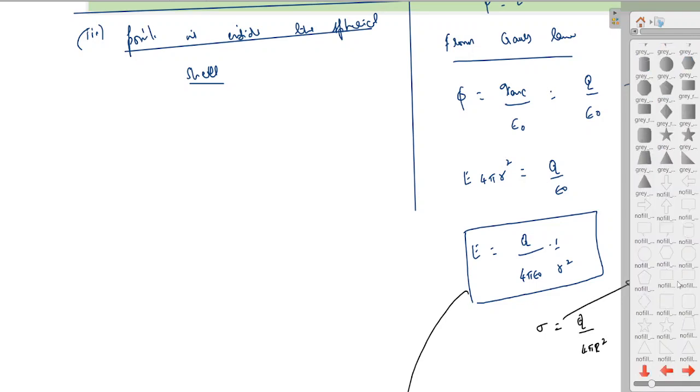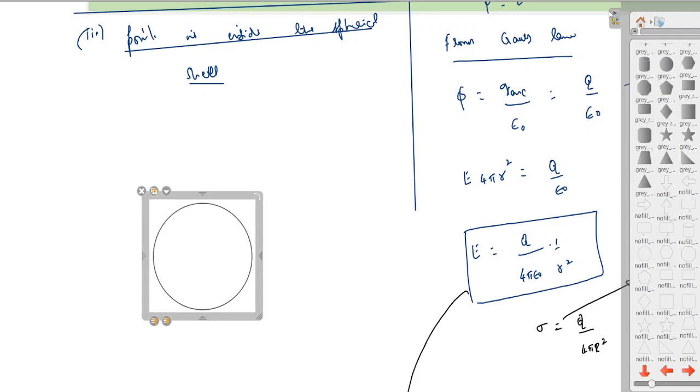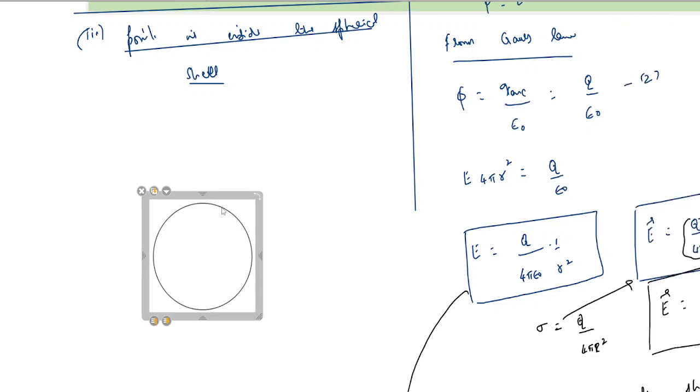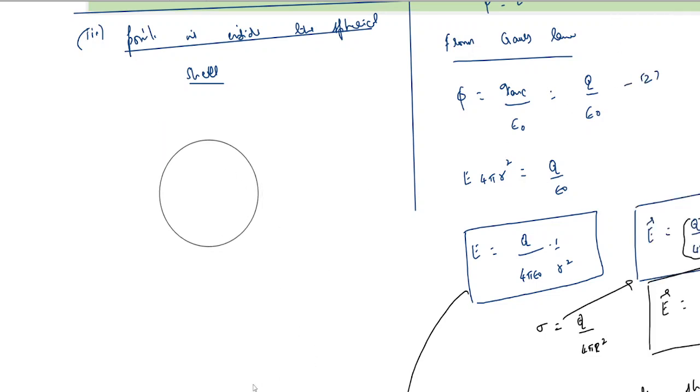We can just redraw the shell part. So let the charge capital Q be distributed over the entire spherical shell.